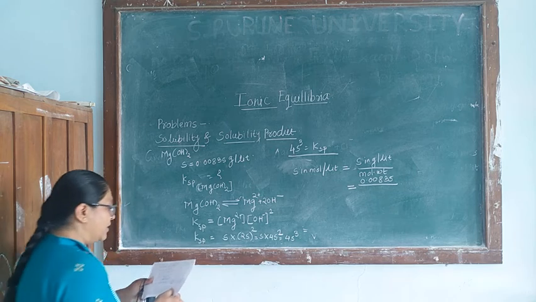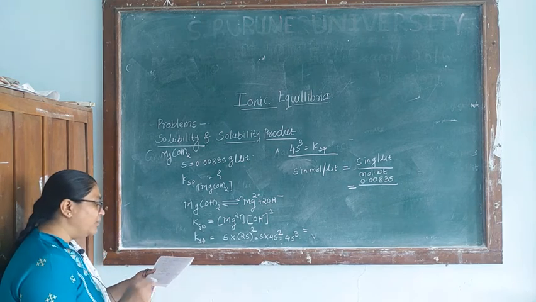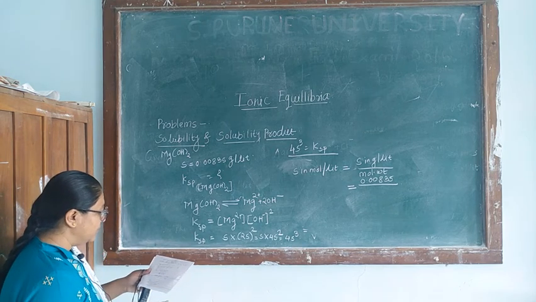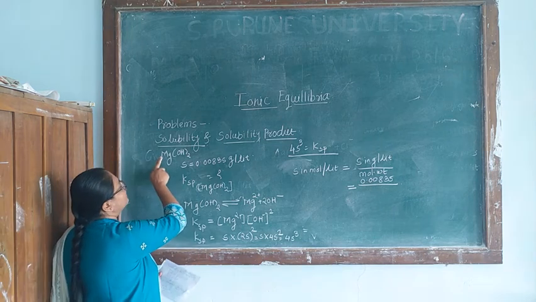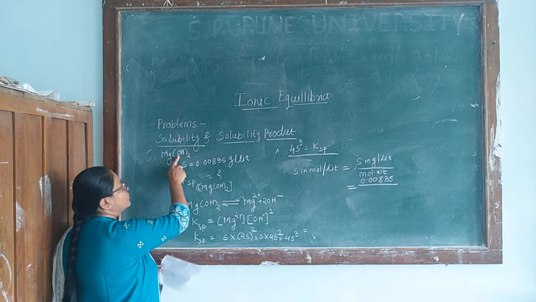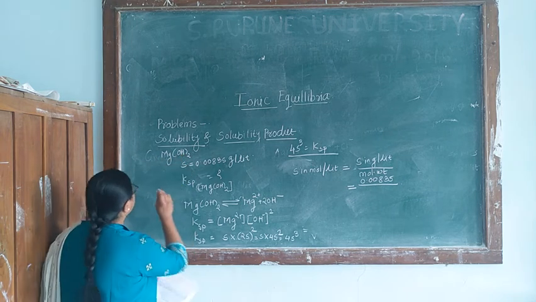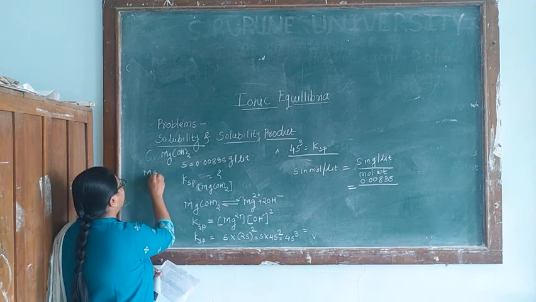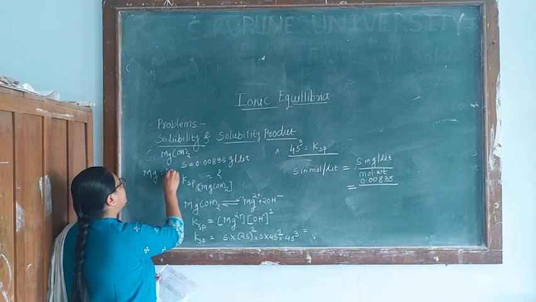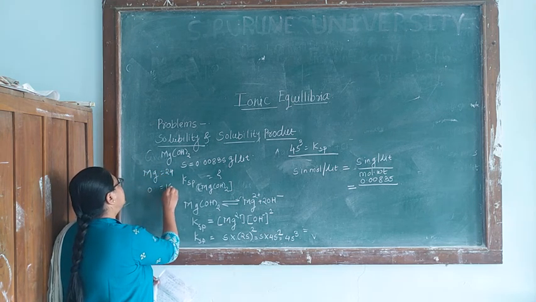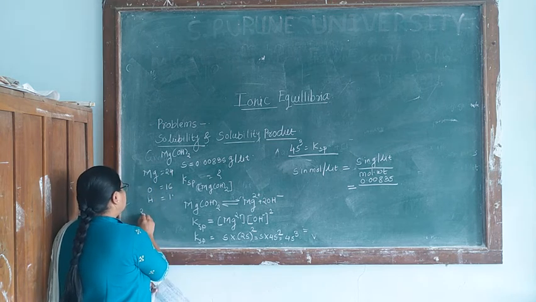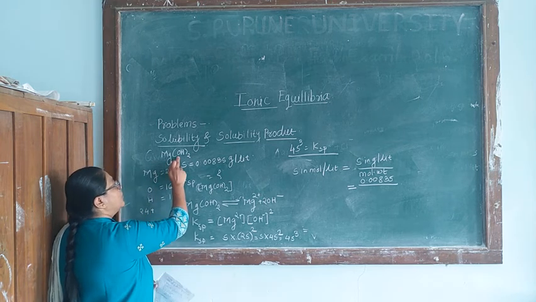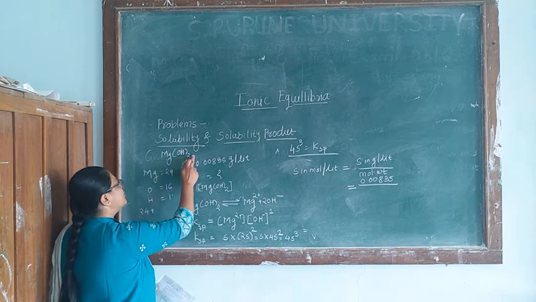Now here, to calculate the molecular weight, we must know the atomic weights of magnesium, oxygen and hydrogen. Here the weights are given. Atomic weight of magnesium is 24, of oxygen it is 16 and of hydrogen it is 1. Therefore, magnesium, here oxygen is twice and hydrogen is also twice.